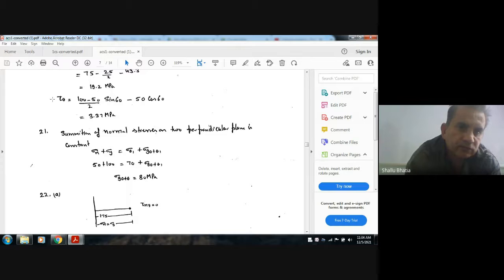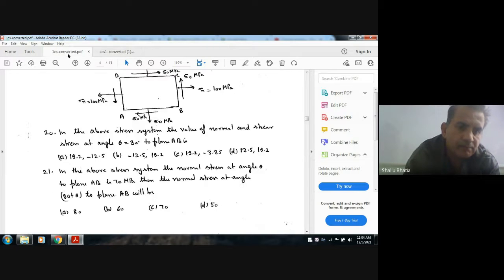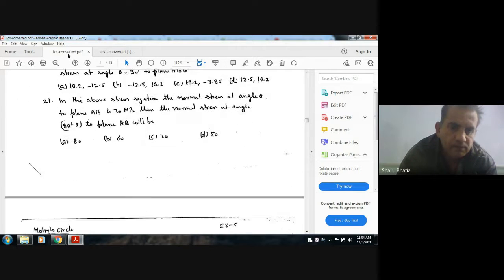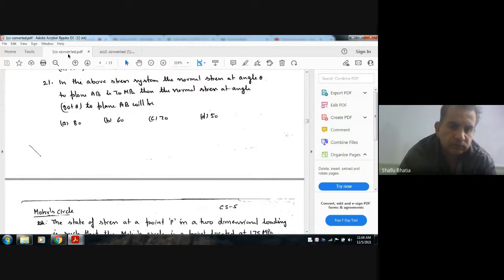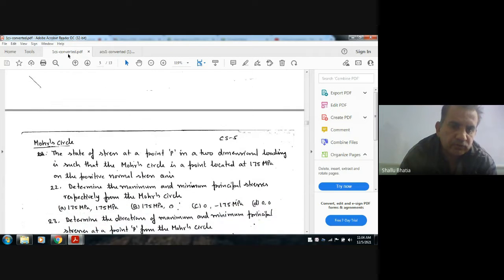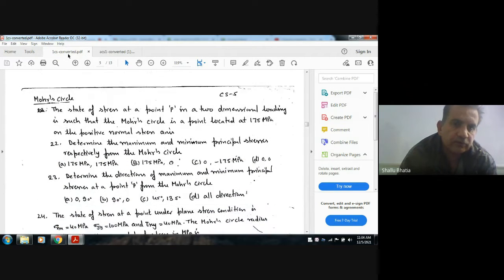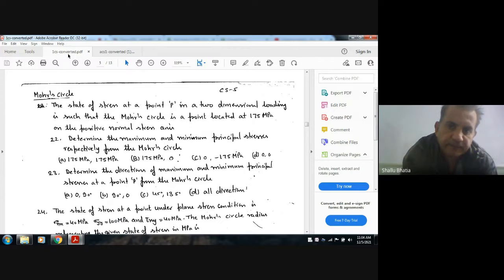So next topic is Mohr circle, and the question is: the state of stress at a point P in a two-dimensional loading is such that the Mohr circle is a point located at 175 MPa on the positive normal stress axis.